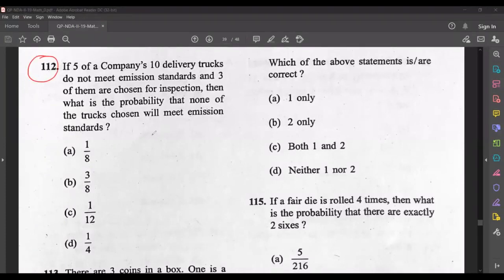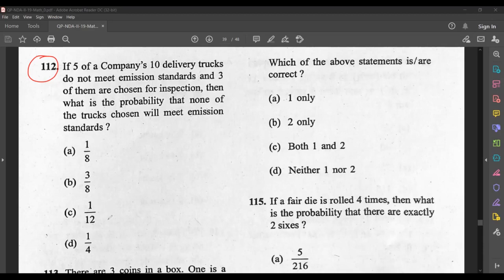If 5 of a company's 10 delivery trucks do not meet emission standards and 3 of them are chosen for inspection, what is the probability that none of the trucks chosen will meet emission standards?